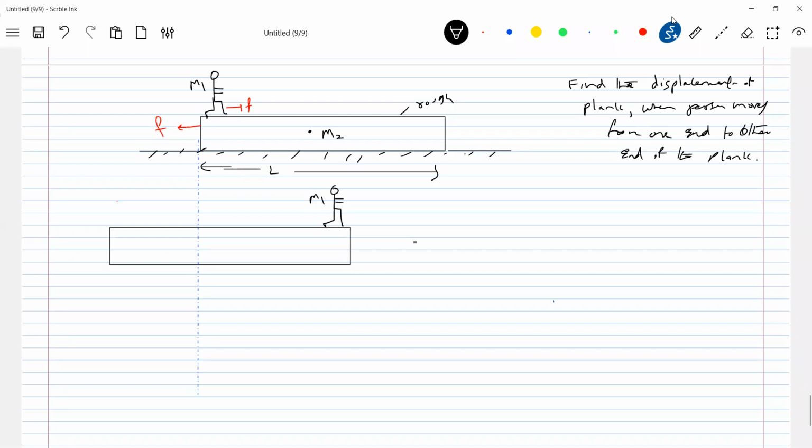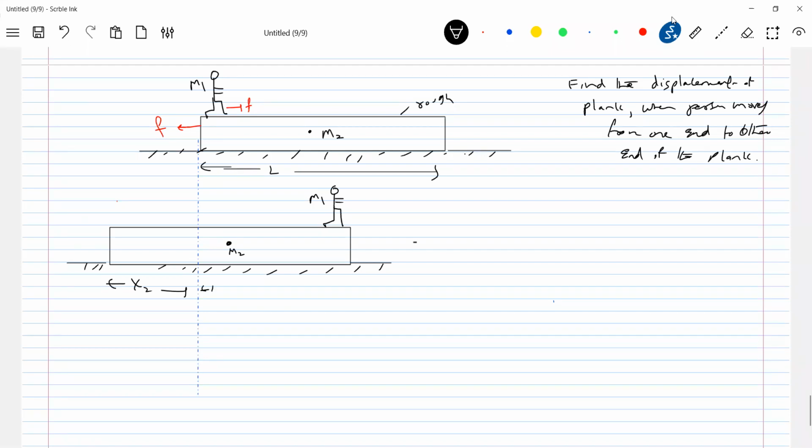Now, what is the displacement of this particular plank? Let me take this as x2. So look at it now, the center of mass of the plank will be here. And what is the net external force acting on the system along the x-axis? Zero, no? The net external force acting on the system along the x-axis will be zero.